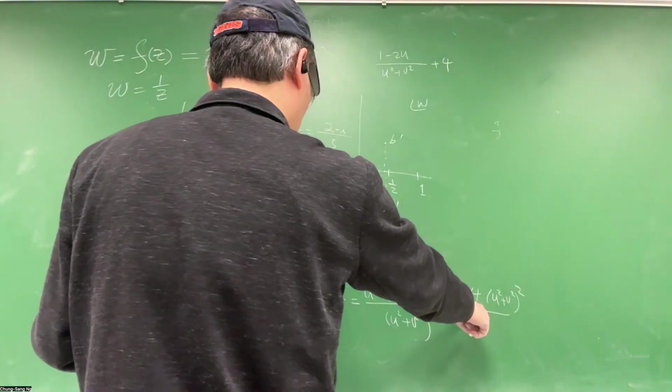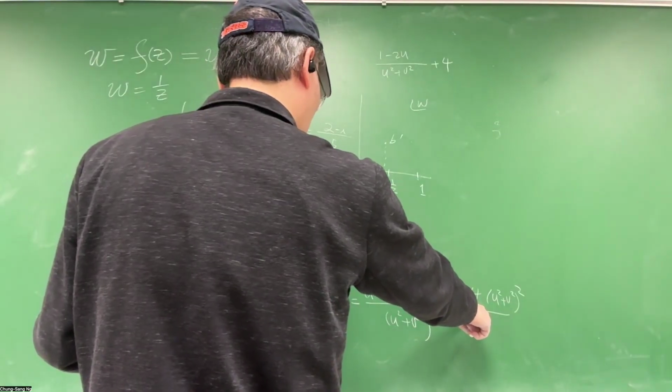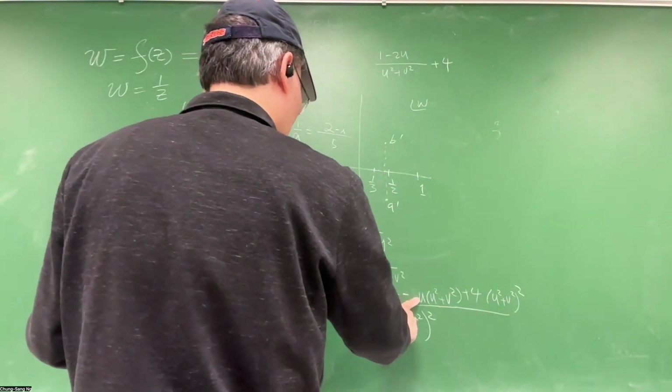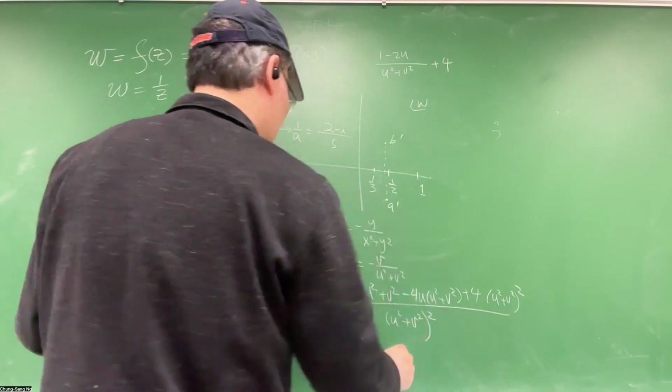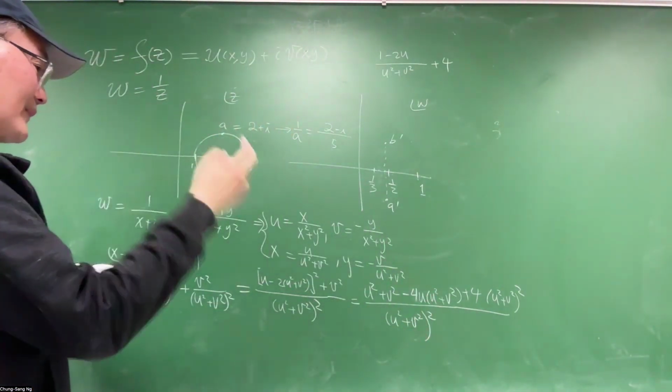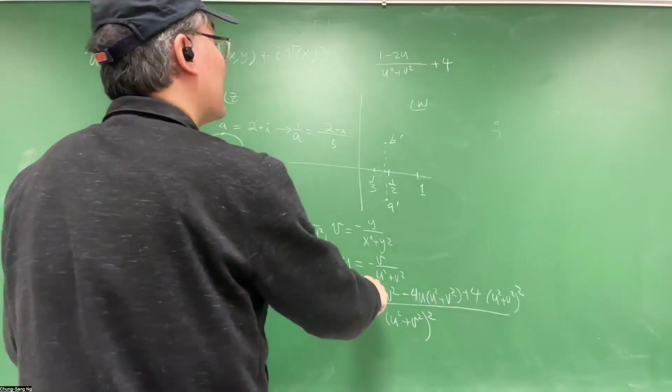The other one is also 4 because 2 times 2 squared. Yes, this is also true. Good.